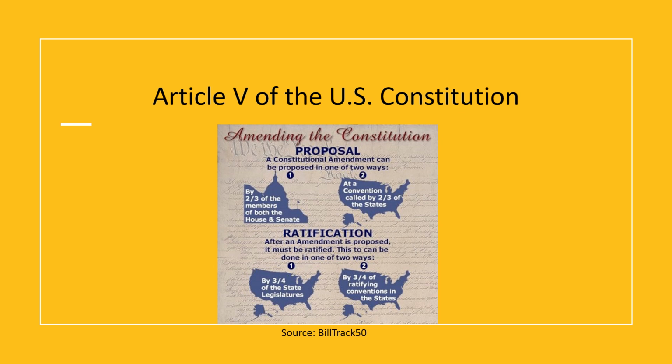Let's talk a little bit about why. Remember, under the Articles of Confederation, which was the Constitution for the United States from 1781 to 1788, that amendment process required unanimous approval by the states. So this reduces that unanimous requirement to 3/4.